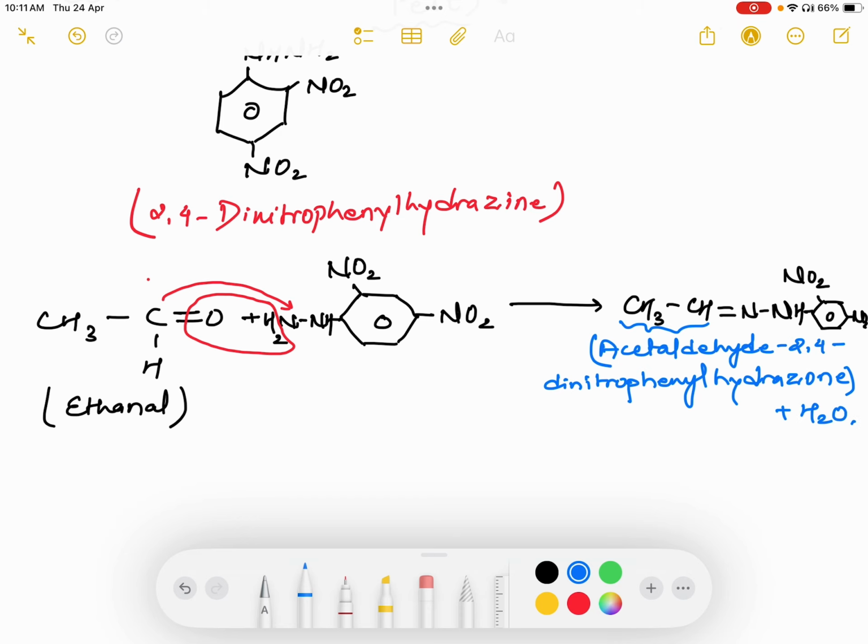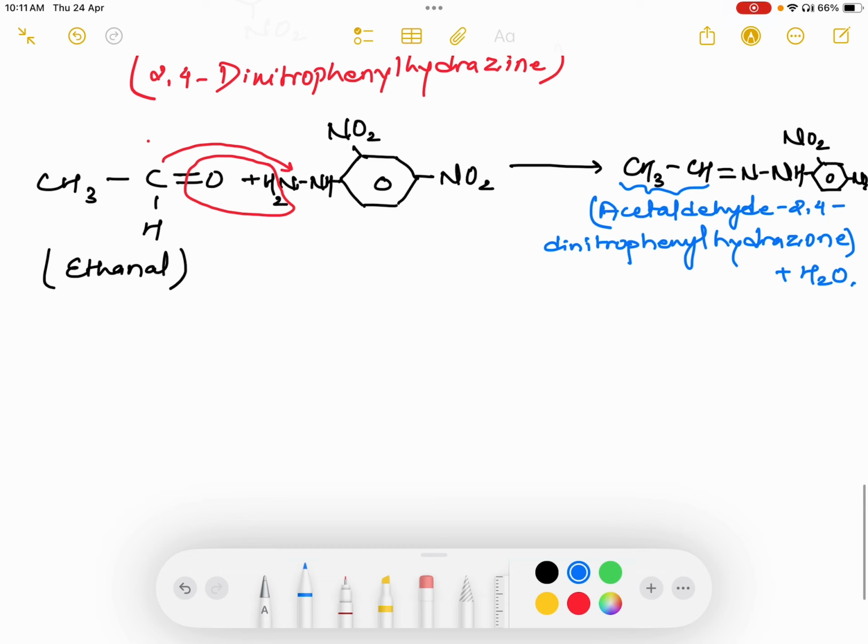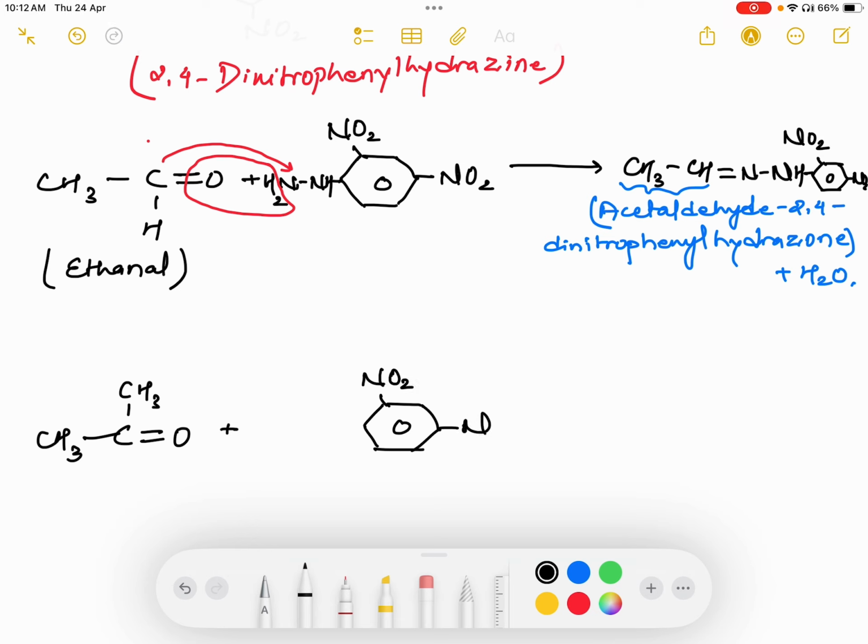Next, let's take an example of a ketone. Let me take acetone: C double bond O with two CH3 groups attached to it. Again, let me take 2,4-dinitrophenyl hydrazine, a phenyl group containing two nitro groups and a hydrazine, that is NH, NH2. Again, the same reaction will take place.